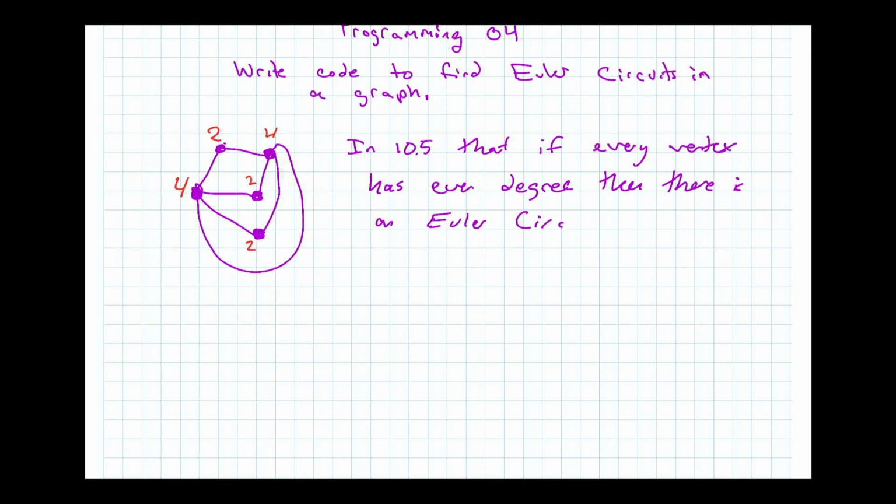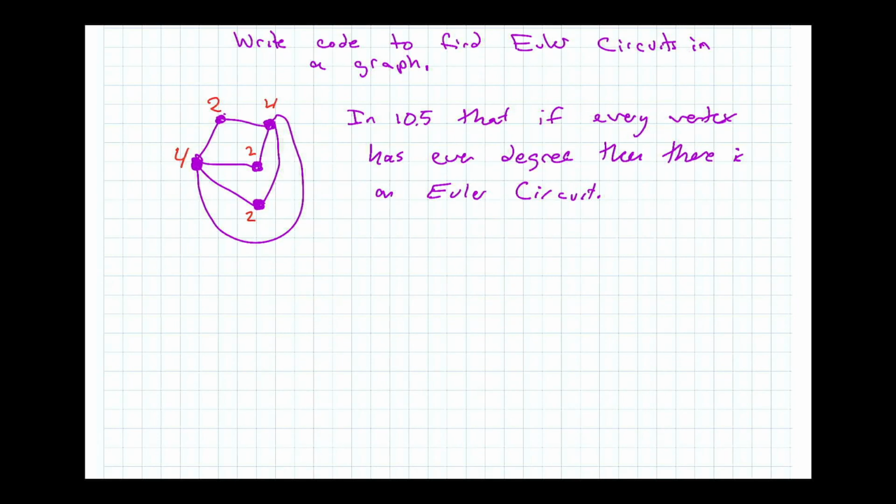Now, what is an Euler circuit? An Euler circuit is a circuit that uses every edge and takes you back to the starting vertex.